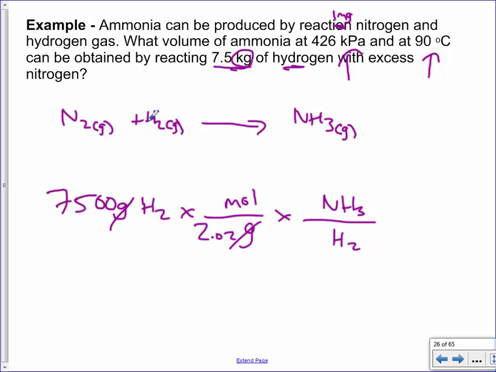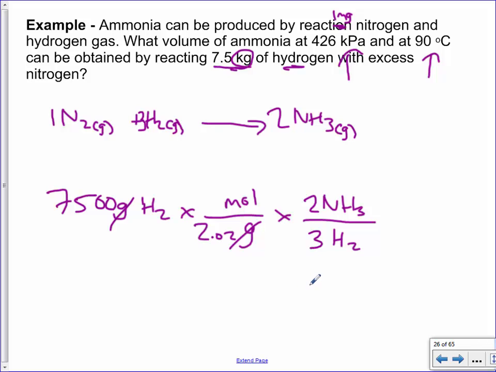This was actually on your test a couple of times. So to balance this, we need a 2 and a 3. And that's a 1. Does that make sense? So throwing in our recipe, you get 2 ammonias for every 3 hydrogens.